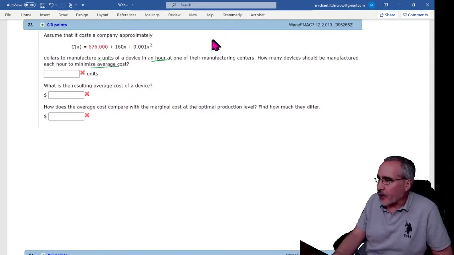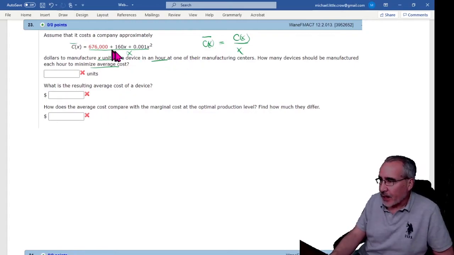So remember, average cost, and they use that little bar over the top. If you're doing statistics, you'll maybe be familiar with that. That's the function c of x over x. So each one of these gets divided by x, right? We just really need to divide this by x to make it the average cost function. If we're taking the derivative, we're going to want to distribute this x to each of the terms.